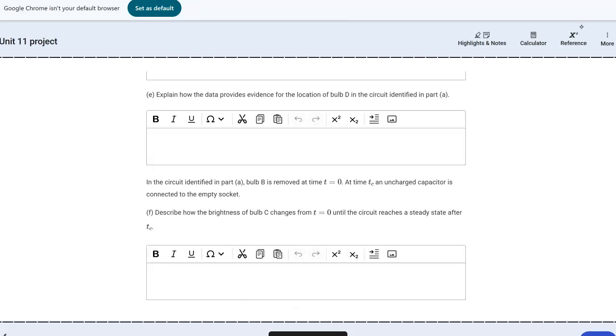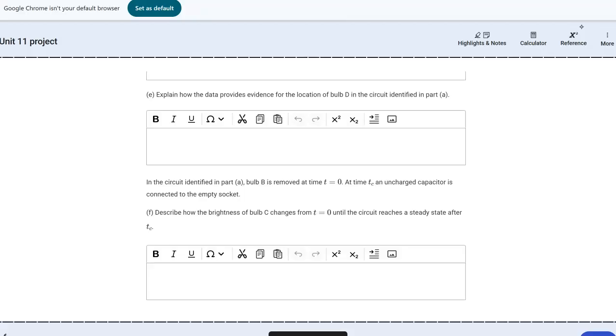And, okay, so now bulb B is removed at time t equals 0. At time tc, an uncharged capacitor is connected to an empty socket. Describe how the brightness of bulb C changes from t equals 0 until the circuit reaches a steady state after tc.